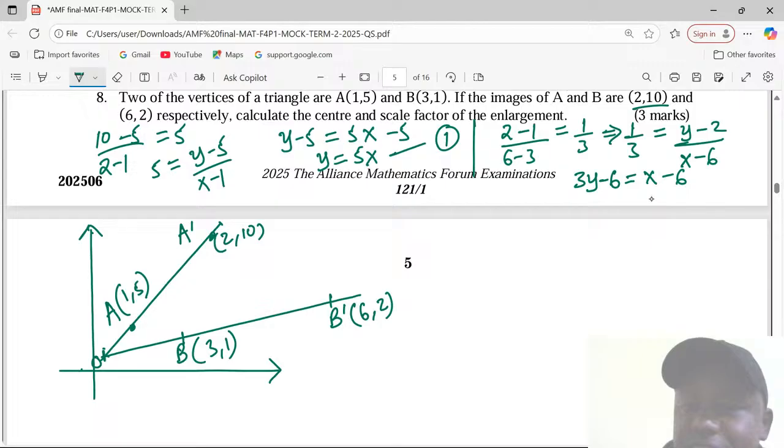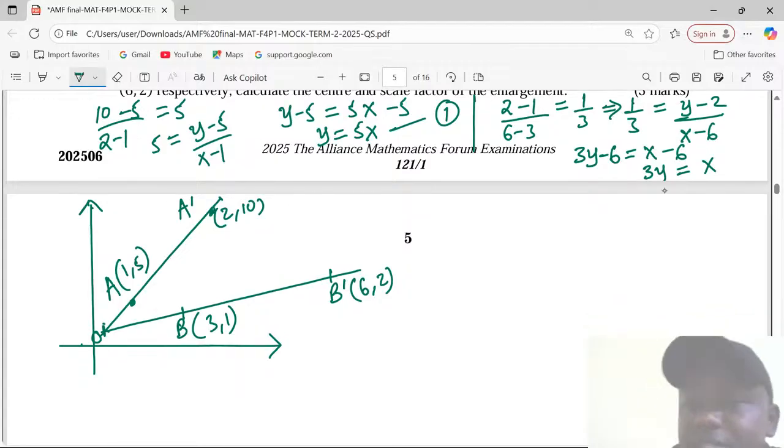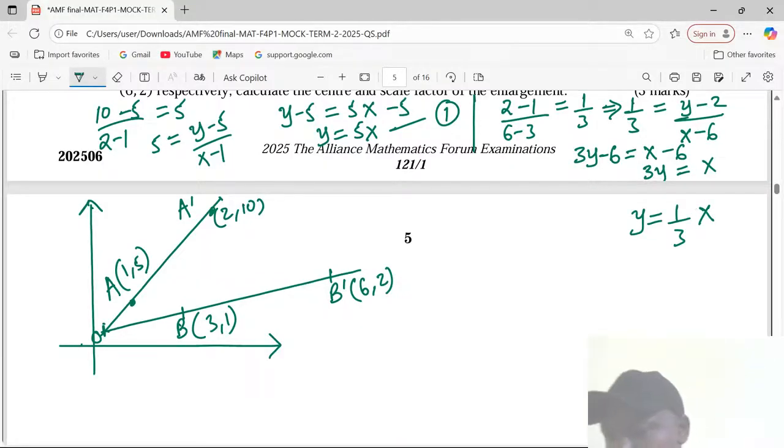If we arrange these terms, you discover that we are having 3y equals x. If 3y equals x, then it means that y equals a third x.